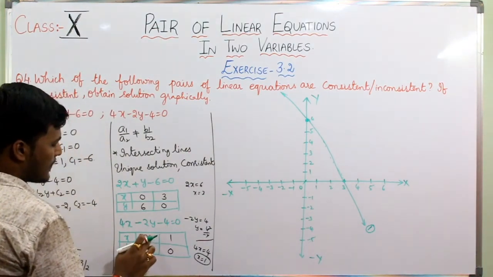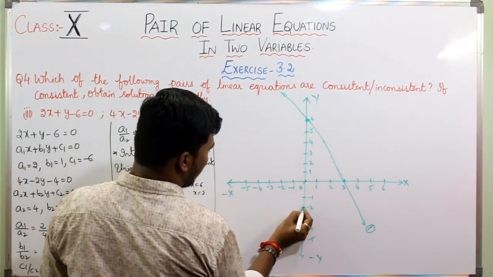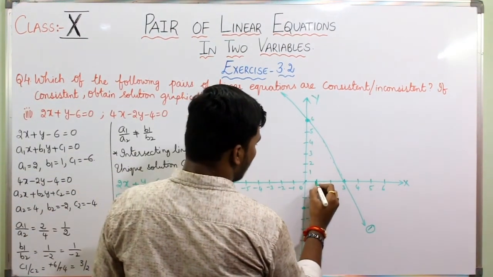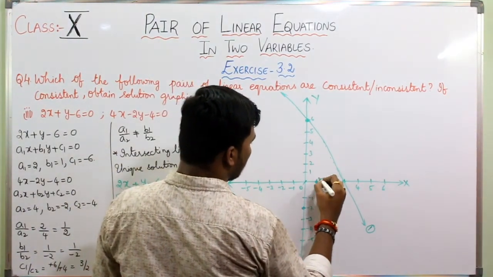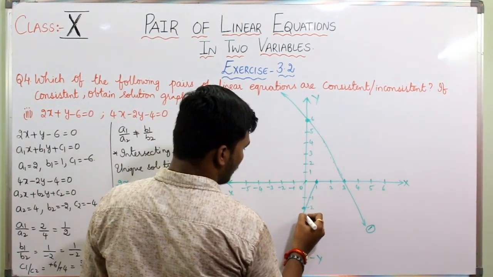Next one is x-axis 0, y-axis is minus 2. And the second one is x-axis is 1, y-axis is 0. So this is the line. Now extend this line properly on both sides.